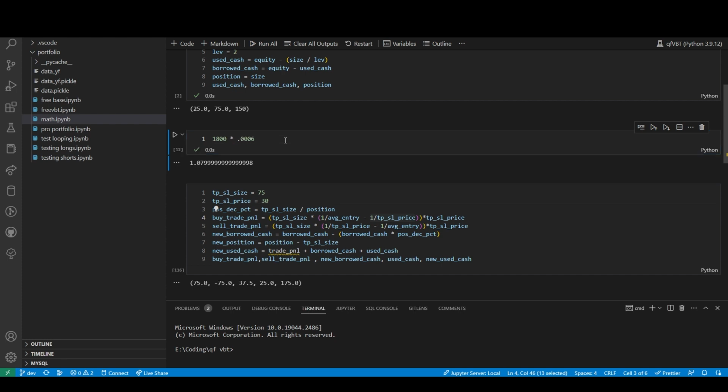Okay, wait, what? So does that mean that this is just 1, and this is stop loss price over average entry? And this is negative, this is minus 1, and this is 1. Yeah, I think that's the same thing.